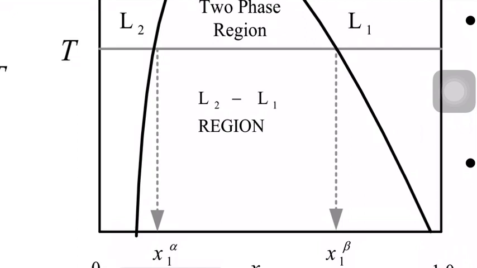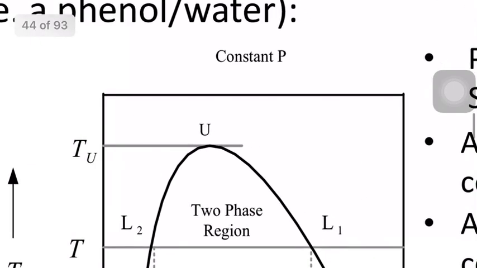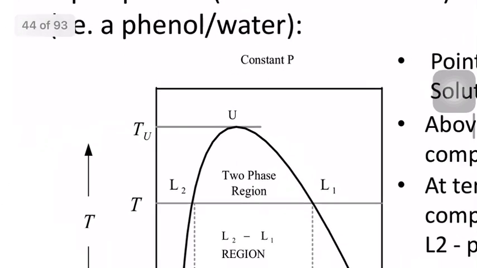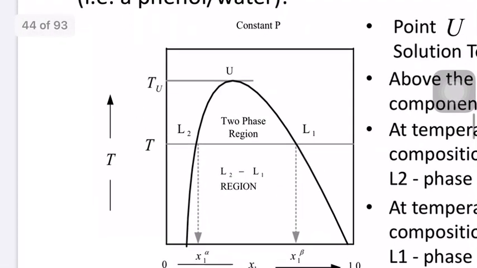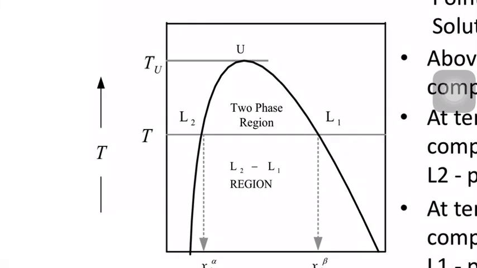Now, for this diagram we have one point after which we always have one phase. After this temperature we have miscible systems. We call this temperature the upper critical solution temperature.